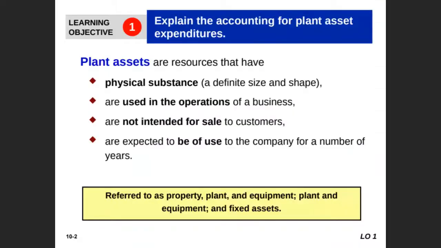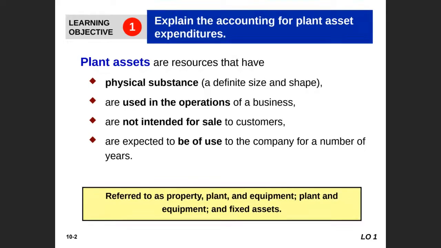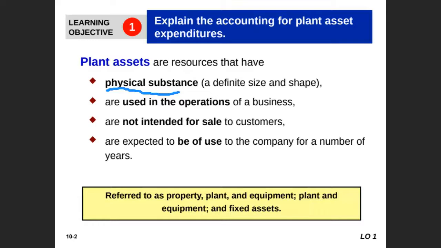plant assets, as we say, are the resources that have a physical substance, right? I've shown you the example of a SABIC plant which has a physical substance, meaning it has a size and shape. It is used in the operations of a business, and it is not to sell to customers, it is to be used in production.